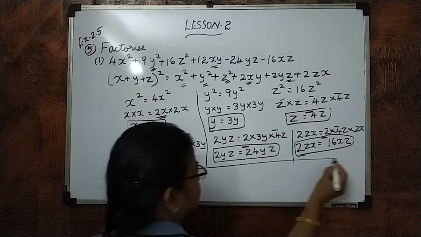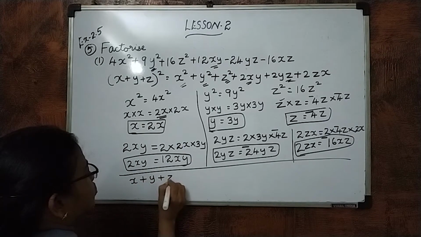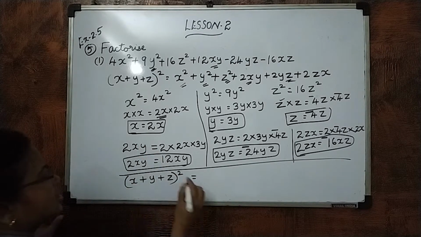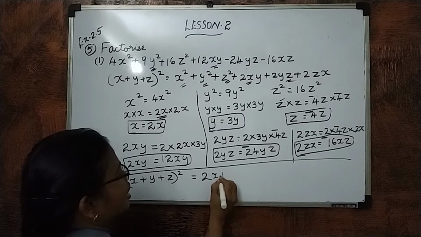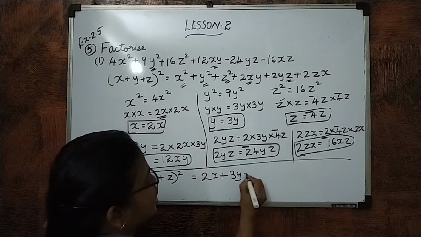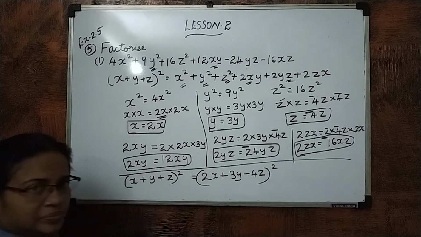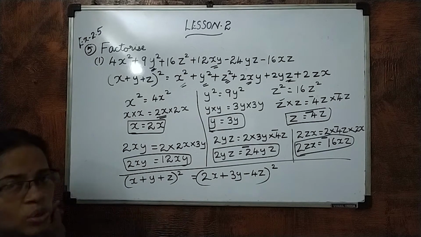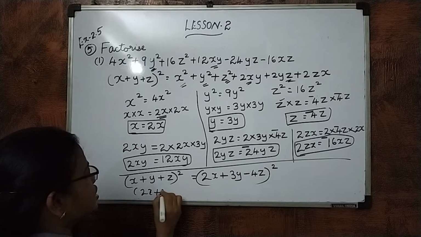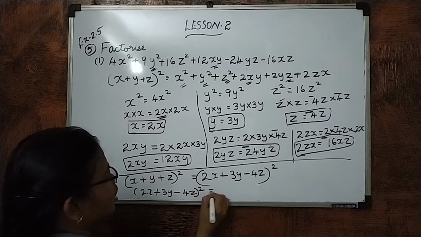From here what can you write then? It is x plus y plus z the whole square equals, what is x? X is 2x, plus, what is y? Plus 3y. What is z? Minus 4z, the whole square. And then write the question and answer together. It is 2x plus 3y minus 4z the whole square equals.